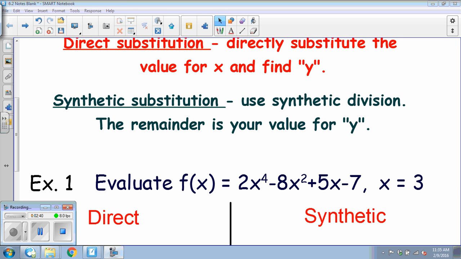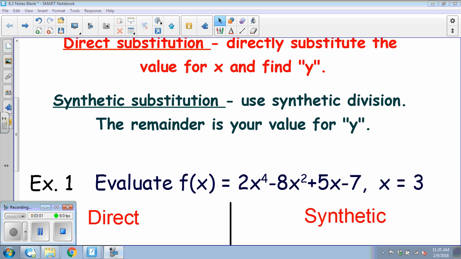Just like we calculated the zero, calculate zero is going to take you to the graph and find that x where it crosses the x-axis. Calculate value is going to allow you to put in any value you want for x, and then it's going to tell you what y is. So when you go second calculate, the number 1 says value.